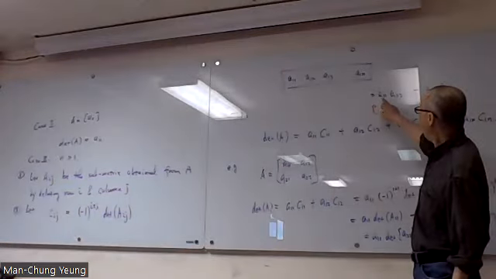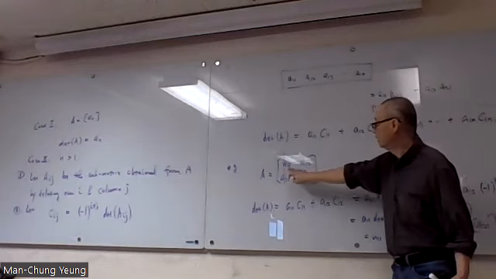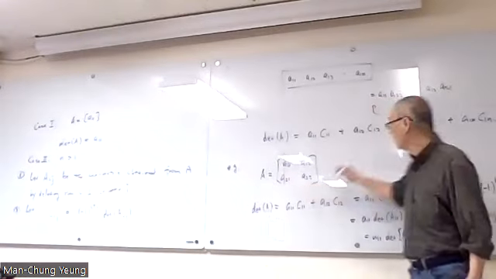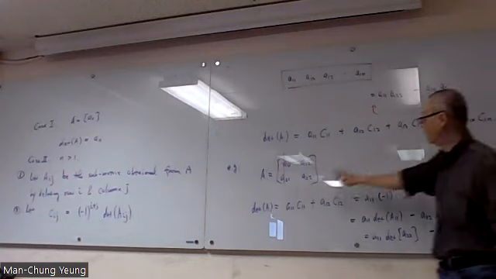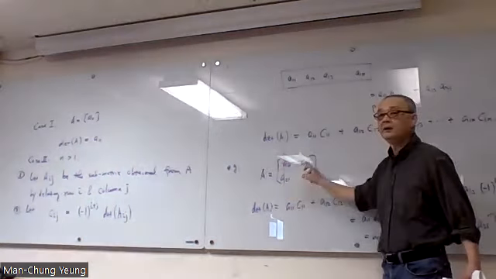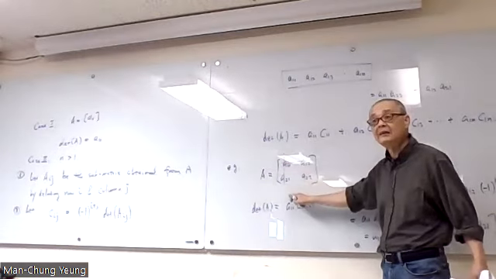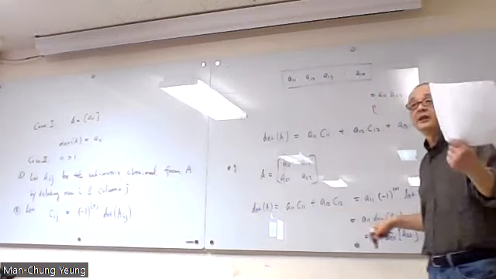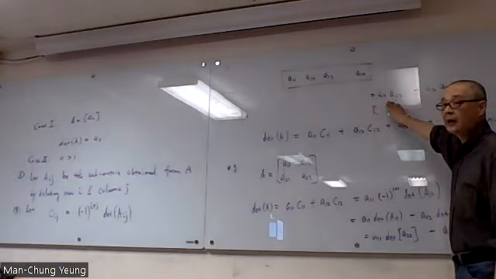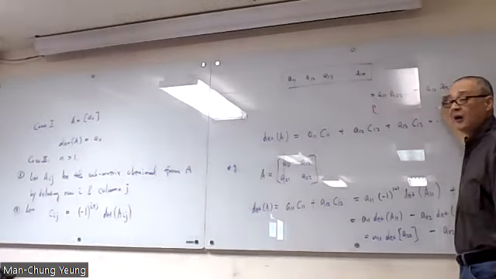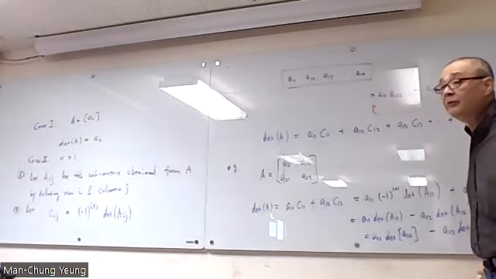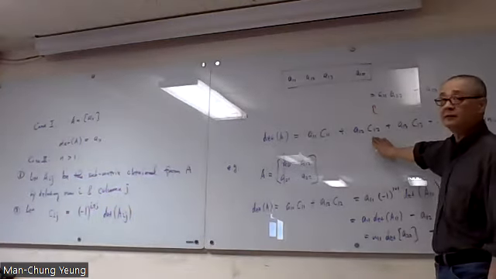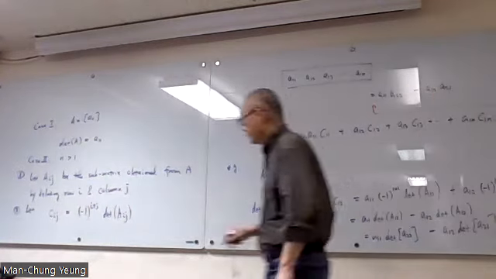The determinant is A11 times A22, the product of diagonal entries, minus A12 times A21, the product of anti-diagonal entries. So a 2 by 2 matrix determinant is the product of diagonal entries minus the product of anti-diagonal entries. This is the first example about this formula. Second example, okay?